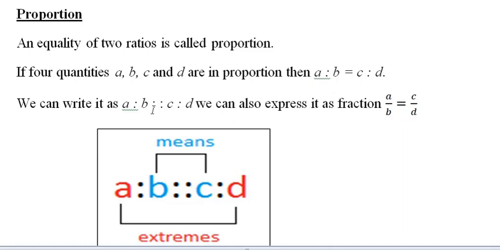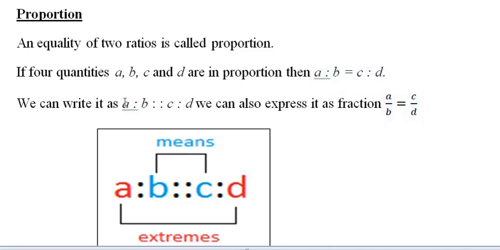As you can see here, you can refer to the book also. So we will read it as A is to B as C is to D, which means the ratio A is to B is equal to C is to D, okay?